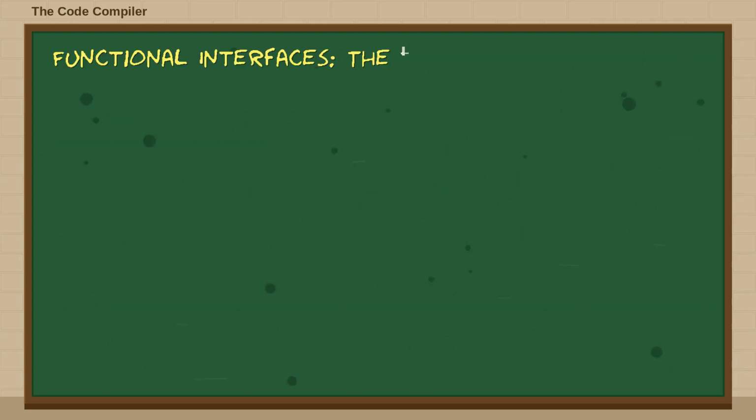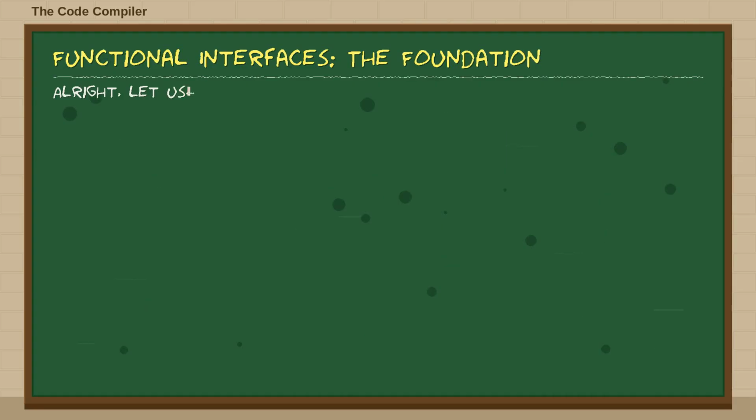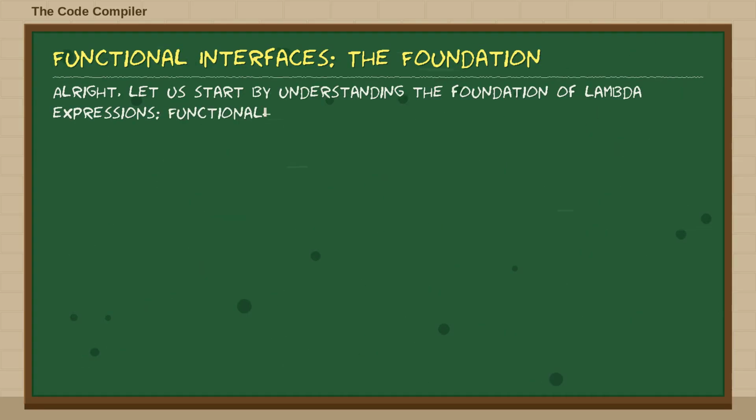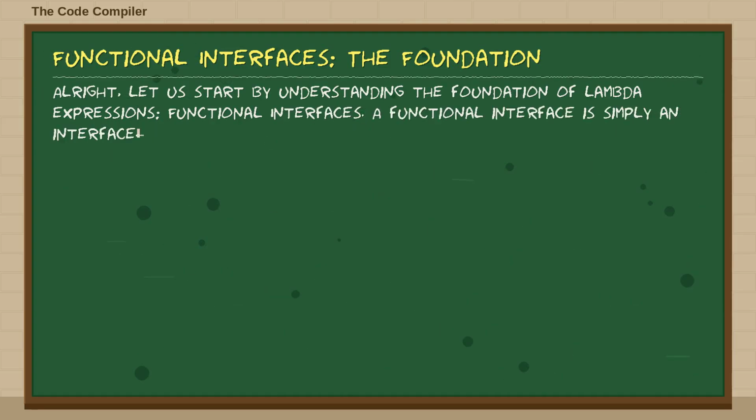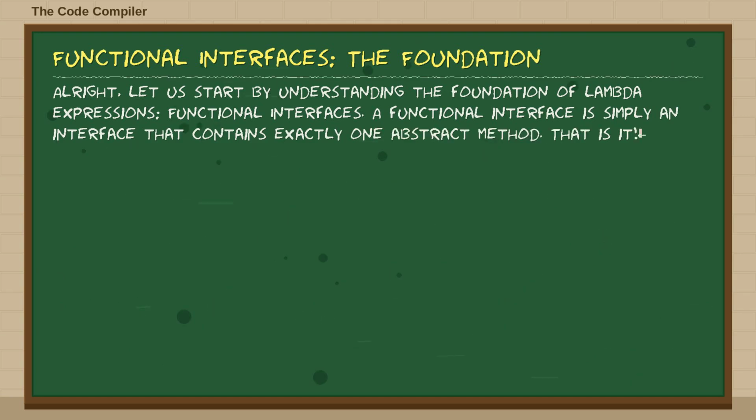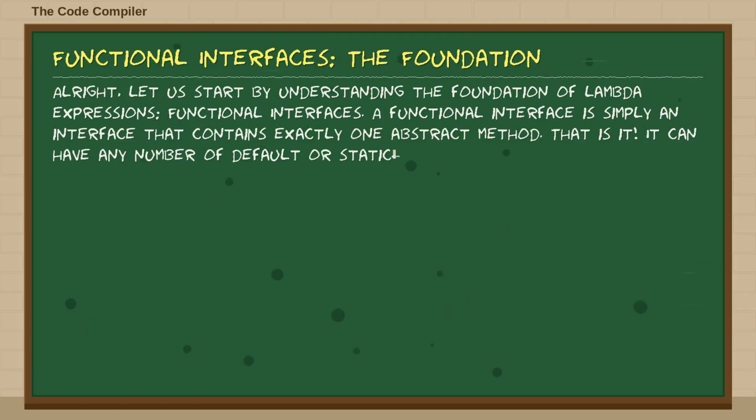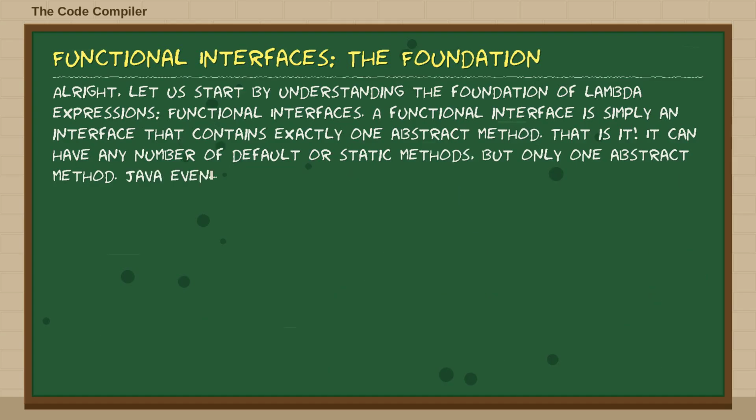Alright, let us start by understanding the foundation of lambda expressions, functional interfaces. A functional interface is simply an interface that contains exactly one abstract method. That is it. It can have any number of default or static methods, but only one abstract method.